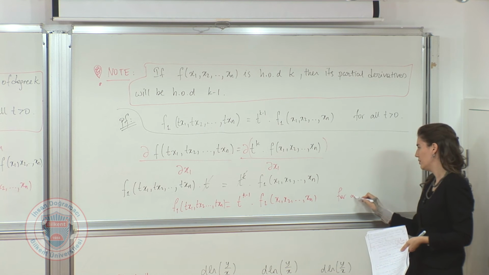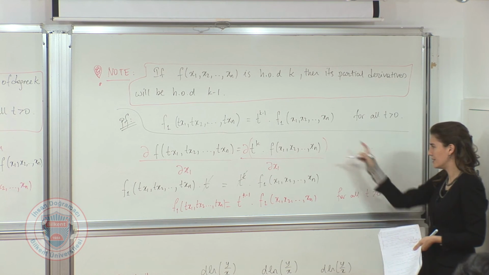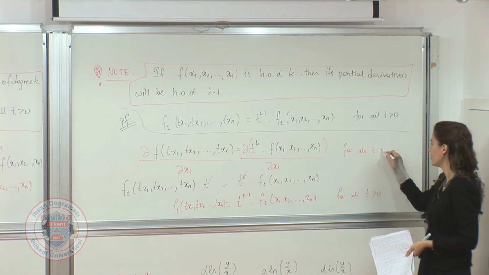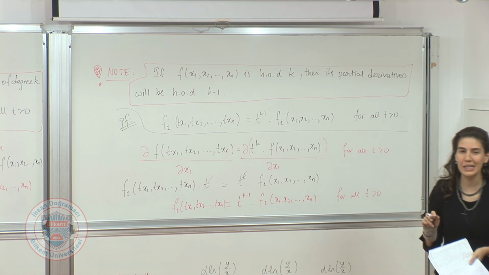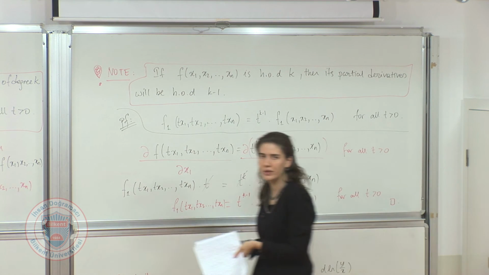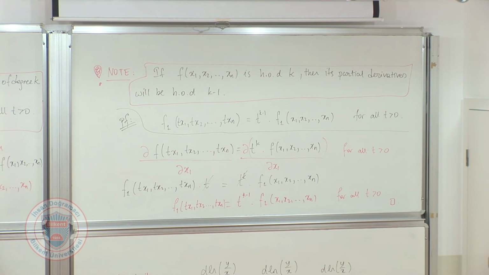For all t greater than 0, obviously we have this. So we have established the fact. If a function is homogeneous of degree 1, then its partial derivatives will be homogeneous of degree 0. Just keep this in your mind.